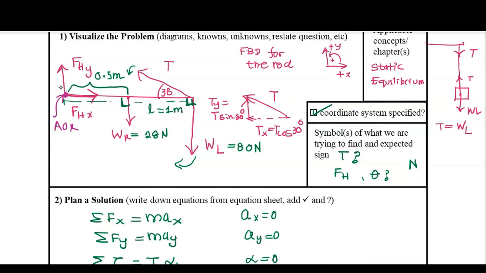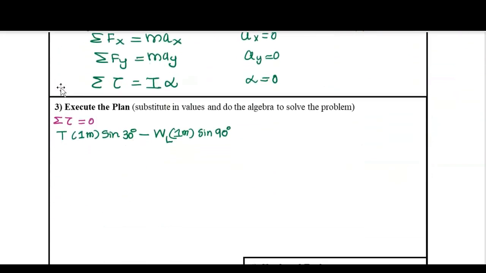And then the third force is the weight of the rod. It's going to create a clockwise rotation. It's negative weight of the rod times the distance, 0.5 meters, distance between the axis of rotation and the force, and then the angle is 90 degrees. Sine 90 is equal to 1.